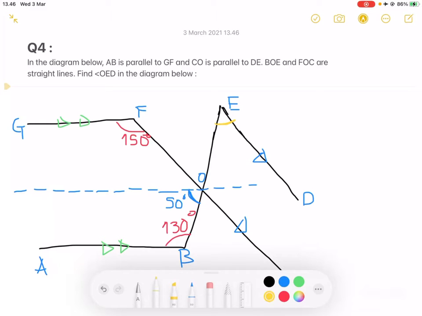And we can just do the same for this part right here, and we'll get this is 30 degrees. And from here we can just conclude that the whole of this angle right here must be equal to 80 degrees. And I'm just going to clear that out first.